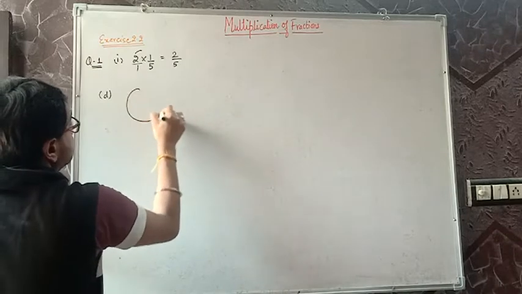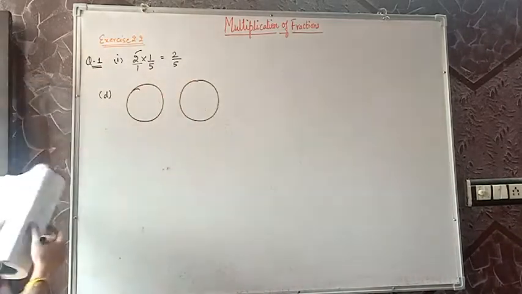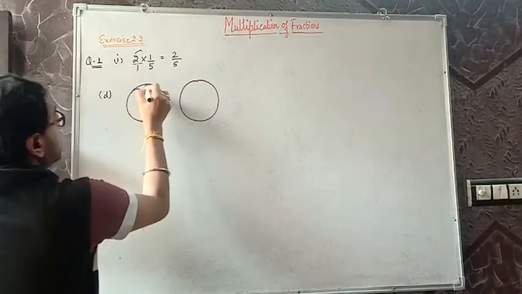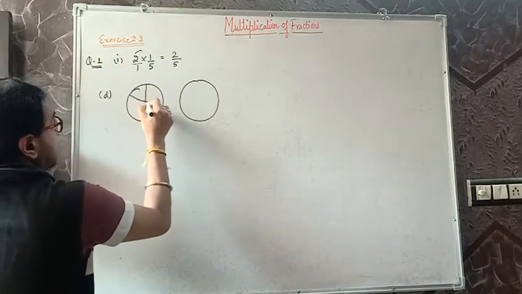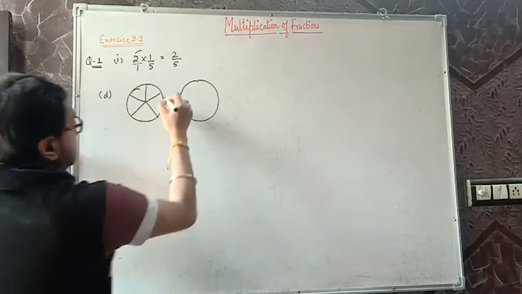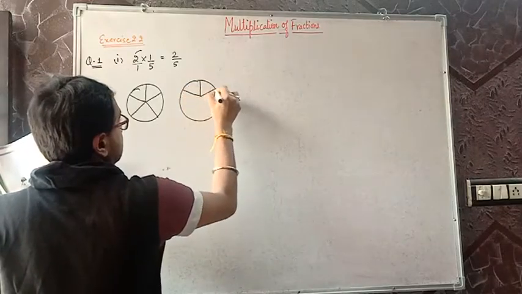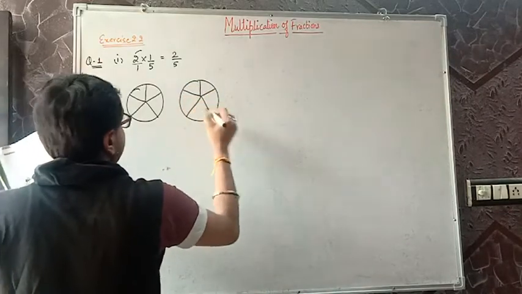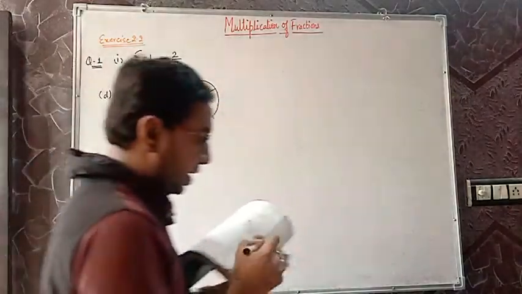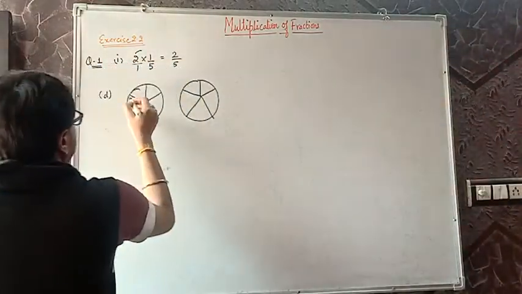For example, two circles are given to us and we have to consider their 5 parts. Understand this? Only one of the parts is shaded.